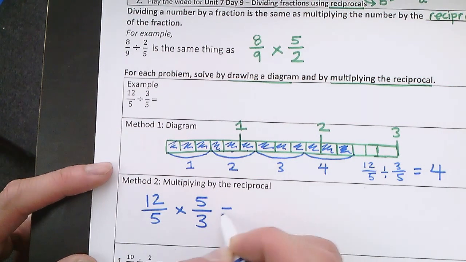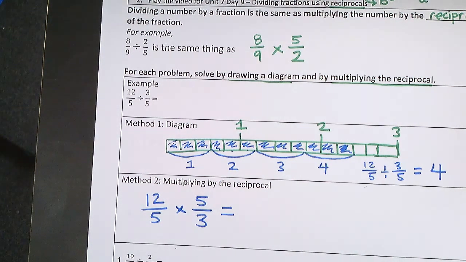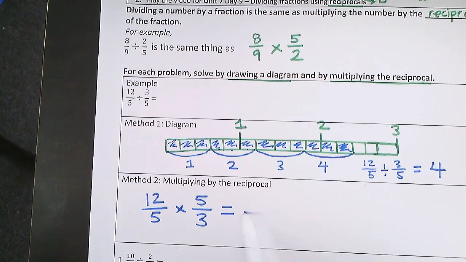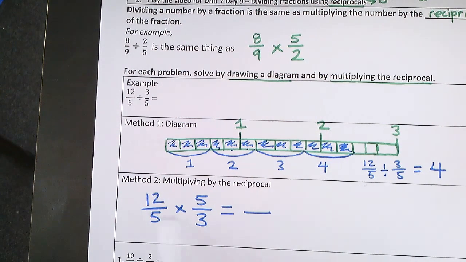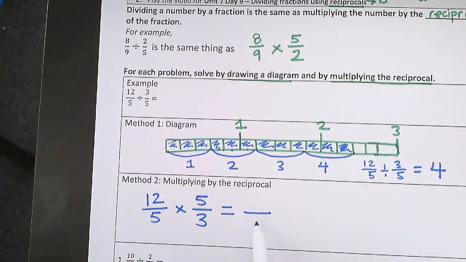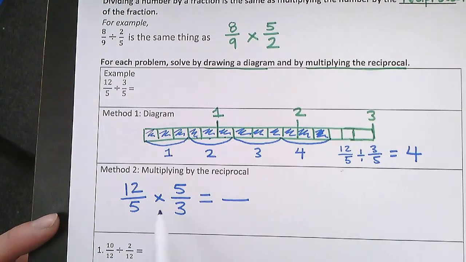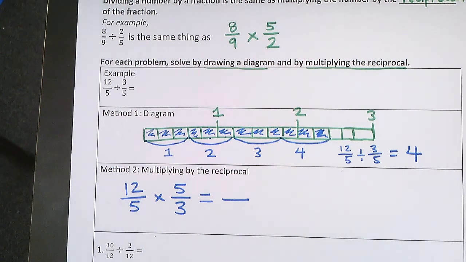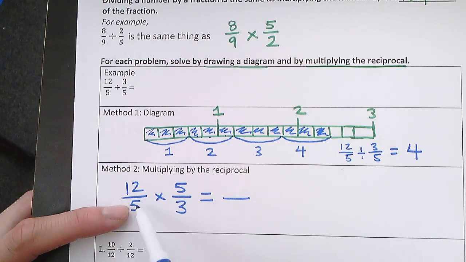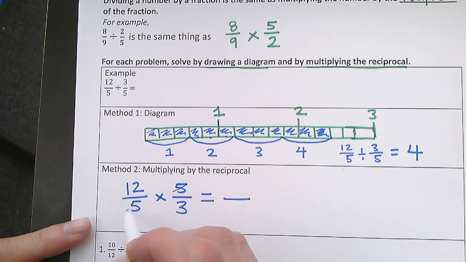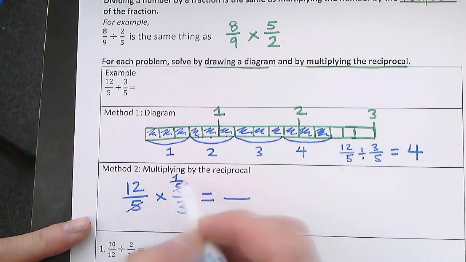Then we can multiply across: 12 times 5 for the numerator, and 5 times 3 for the denominator. Anytime you're multiplying fractions, a shortcut you can use is to cross-cancel. You look at the numbers diagonally across, and if they're the same, like 5 and 5, I can cancel these out and turn them into 1s.